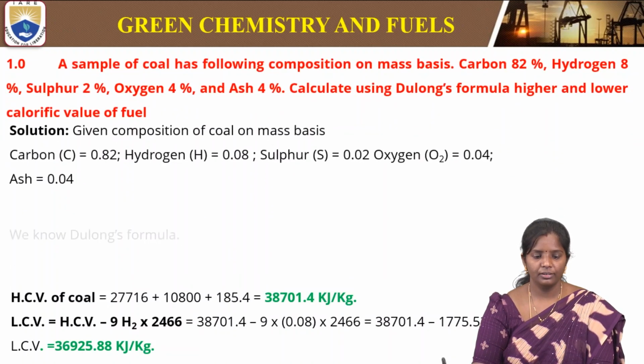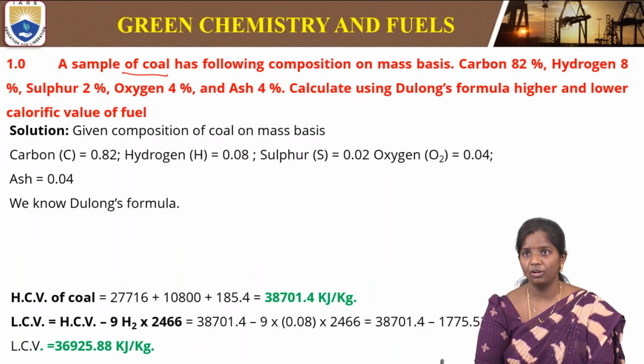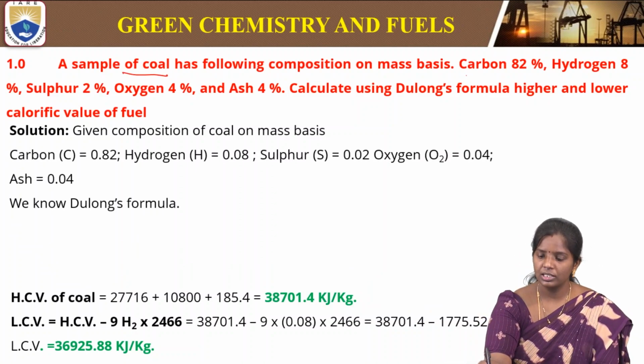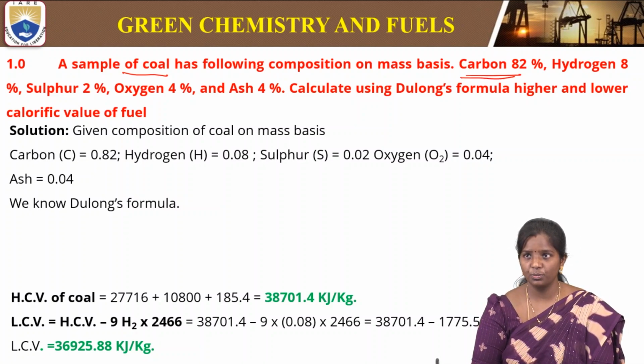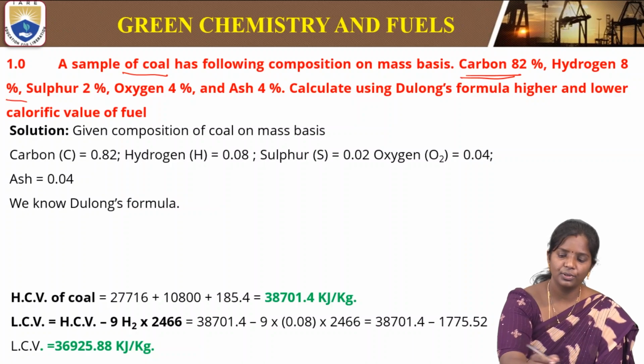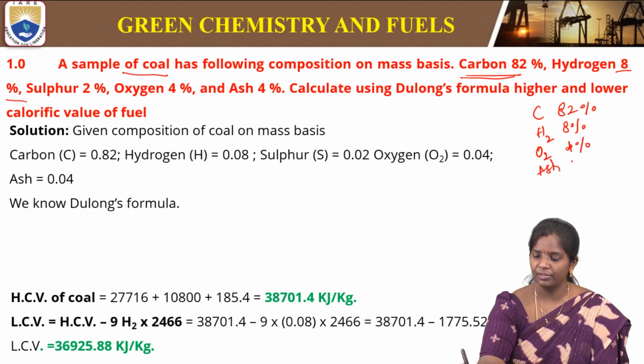If you see this problem, a sample of coal has the following composition on mass basis, given in the form of percentages. Carbon is 82%, hydrogen is 8%, oxygen is 4% and ash is 4%.